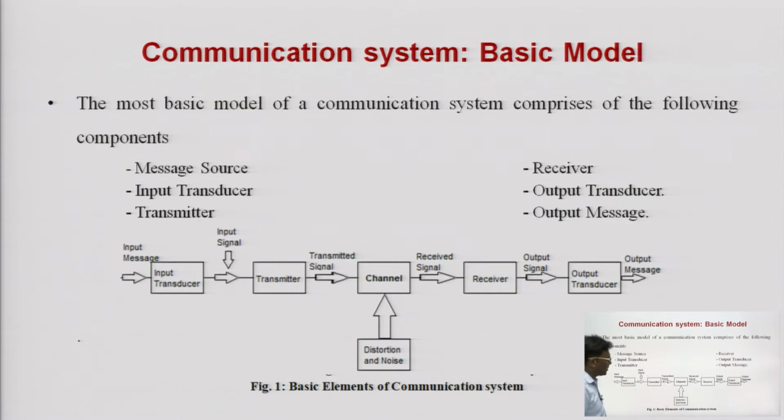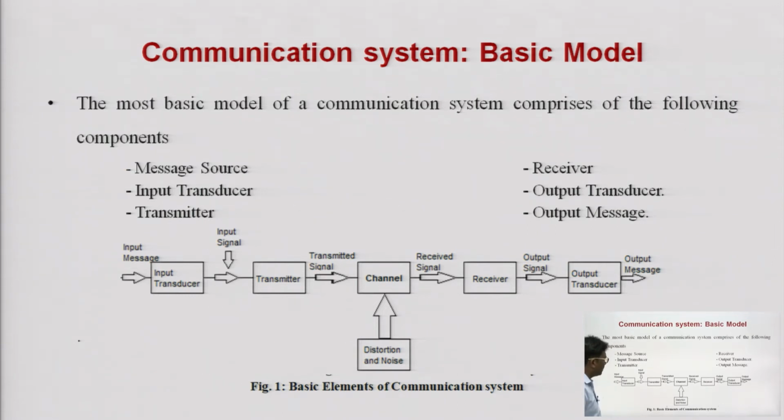So, noise may be external noise, for example atmospheric noise. The channel will be affected by the atmospheric noise if the channel is wireless, otherwise if it is a guided medium, then it is affected by the guided noise. The receiver is also affected by the internal noise.